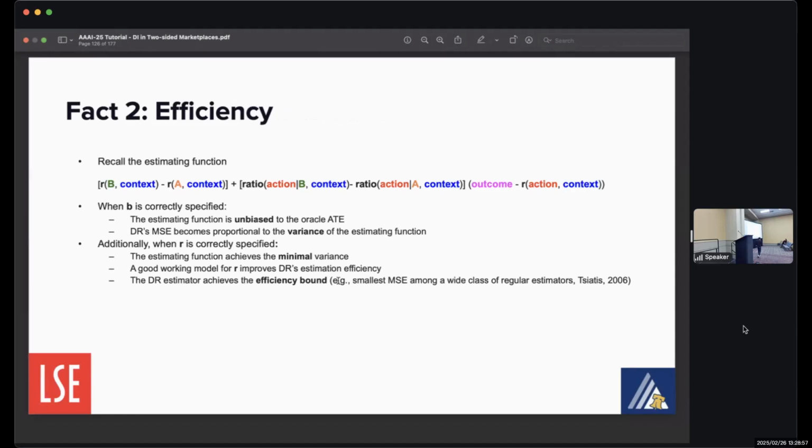What this tells us is that in practice, when the behavior policy is correctly specified, a good working model for the reward will improve the resulting estimator's estimation accuracy. Indeed, in theory, if both functions are correctly specified, the estimator achieves the efficiency bound, meaning it achieves the smallest mean square error among a class of estimators. So that's the second property about efficiency.